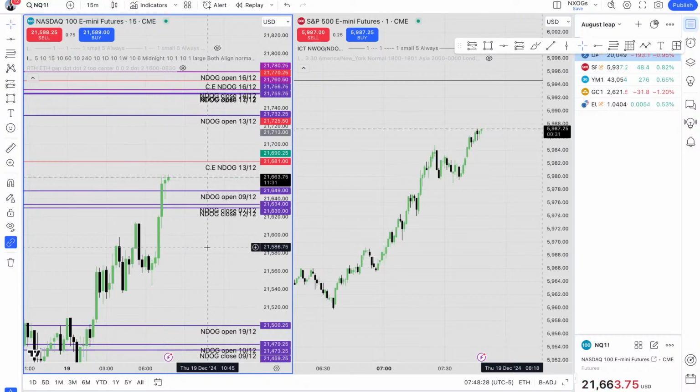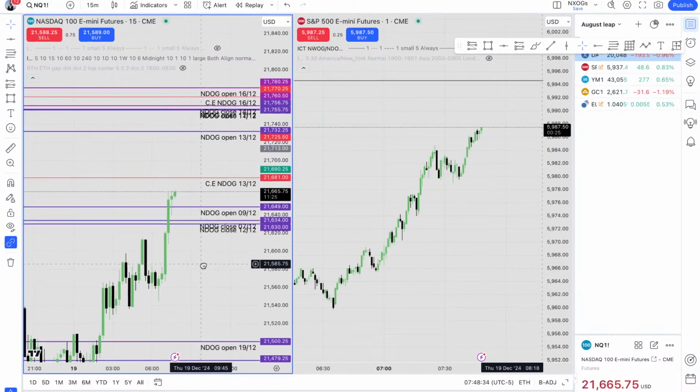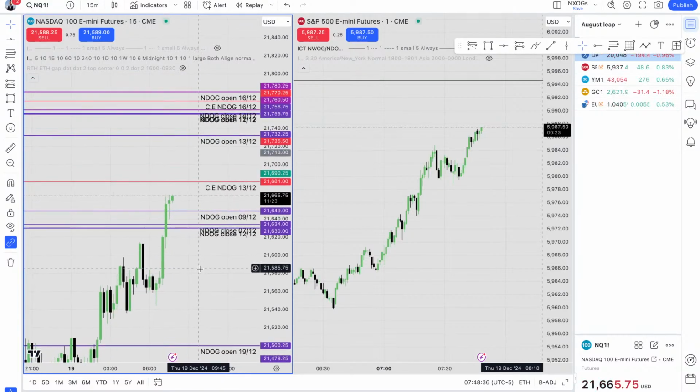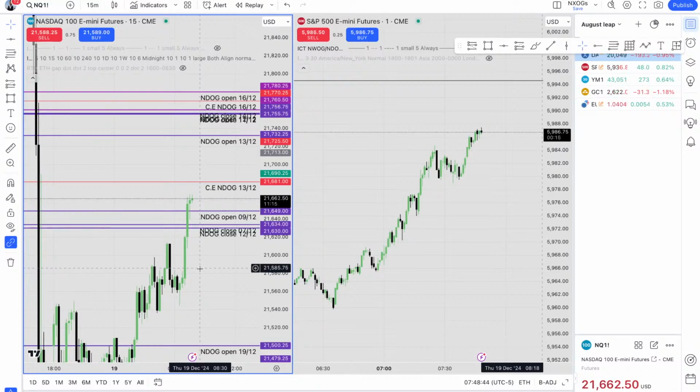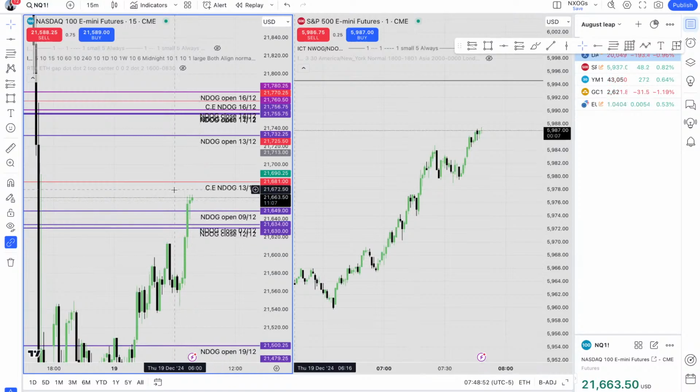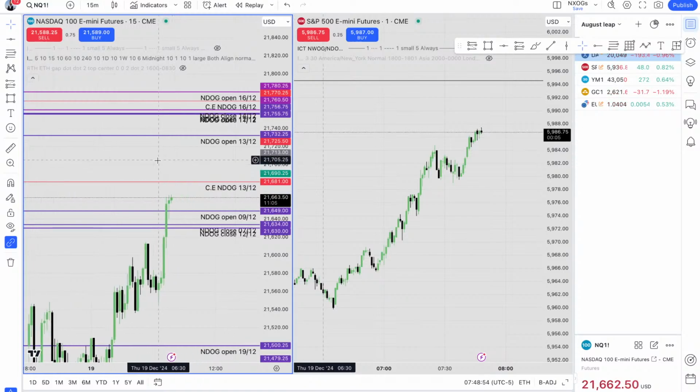And second, as ICT mentioned, it's a really nice time frame for the price to deliver. So you won't have to experience as much consolidation. And if you have a nice bias, or you're using any PD array, it might deliver better. Let's put it that way.